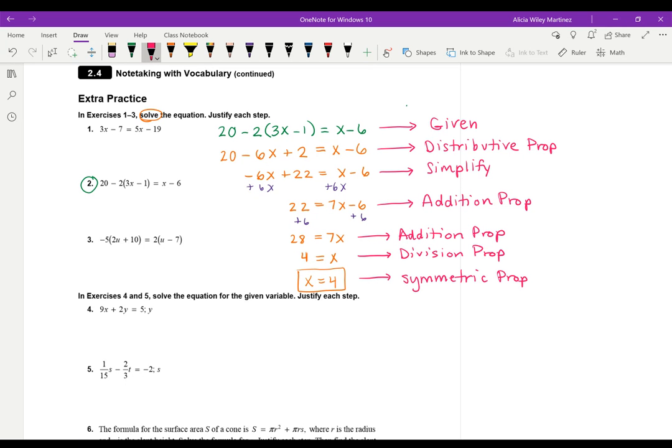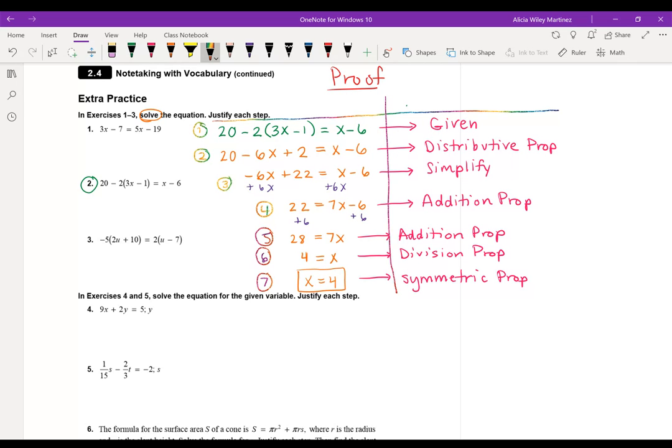And basically what you just did there is you did a proof. A proof is a step-by-step process that as you take a step, you give a reason. That's what a proof is. So this really is an algebraic proof that we just did. Now, to sort of formalize this, what we're going to do is take this and put it into two columns. Where you have your given and each of your steps here gives you 7 steps.